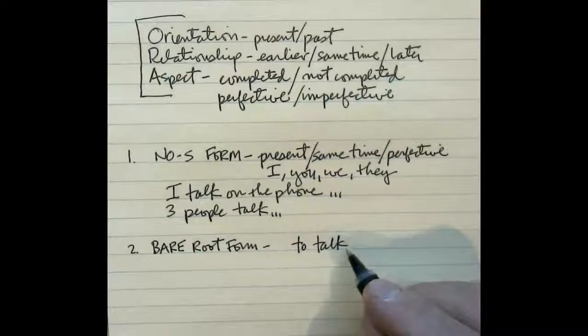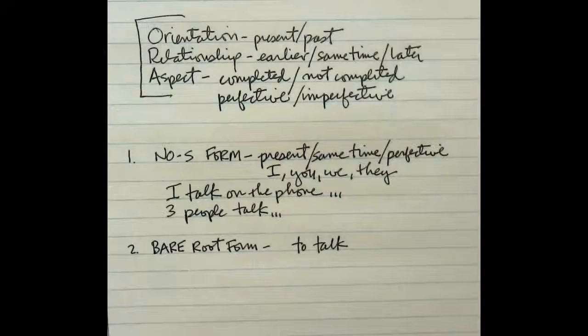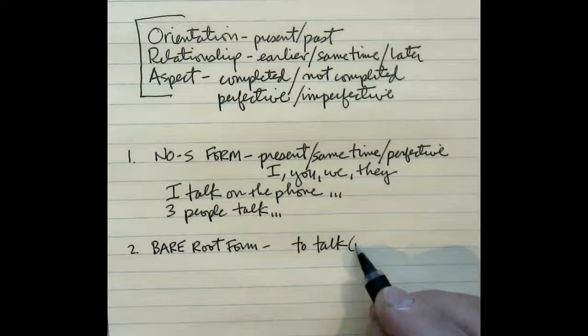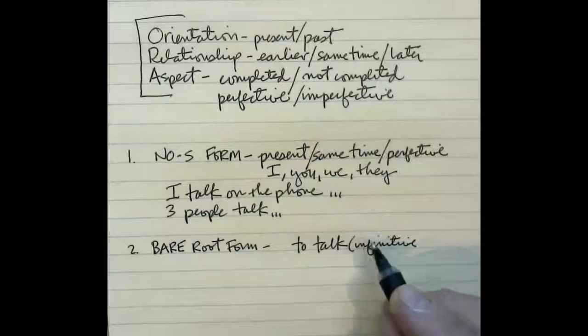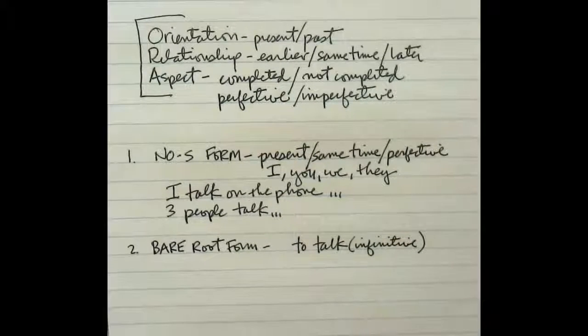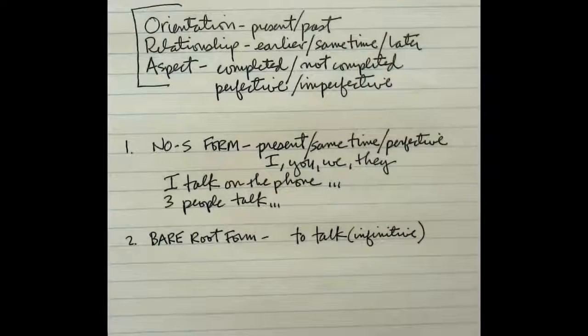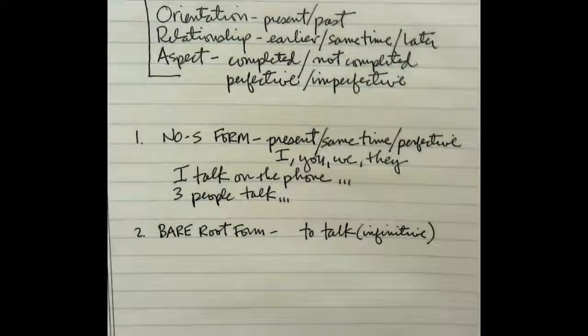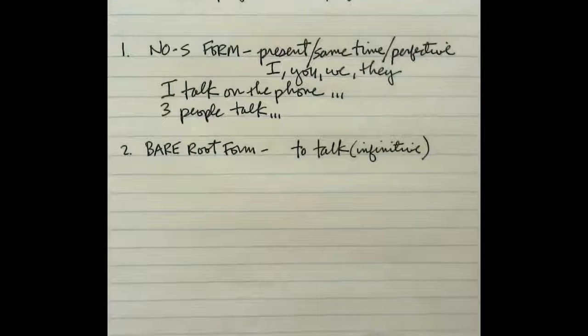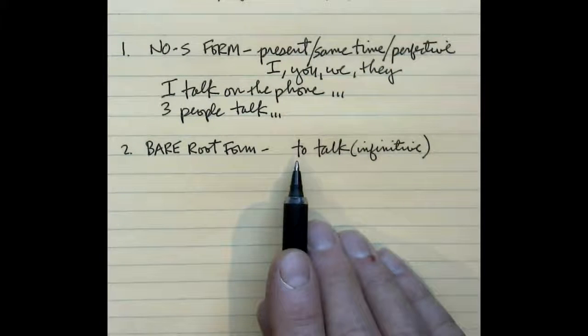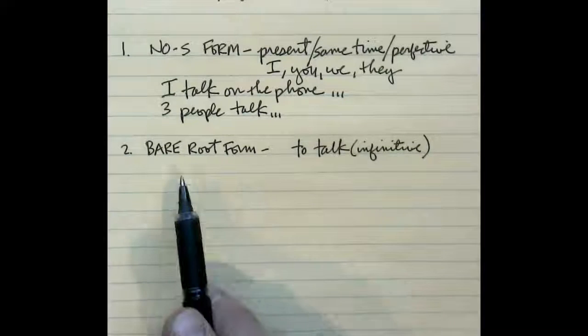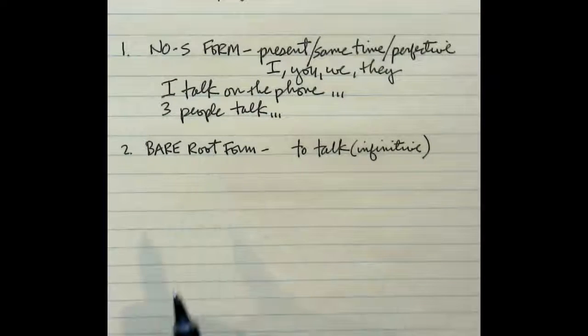Like, for example, to talk or to eat. That's called the infinitive. And English doesn't really have one form of a verb by itself to use as the infinitive. It always puts the bare root form together with to. So that's why we say this is a bare root. It's all alone, kind of like naked.